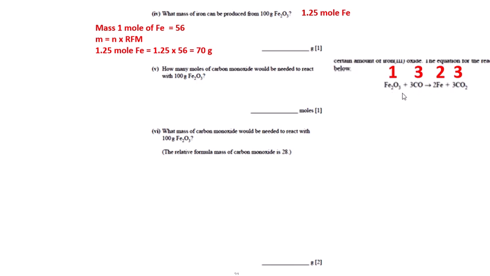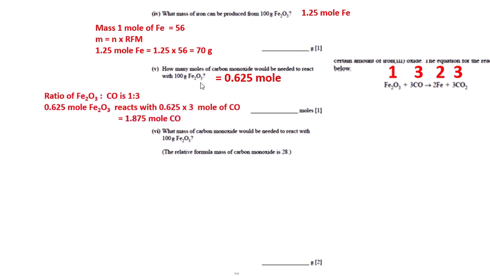You have that at the top of the page, I put it onto this slide. So this time we're looking at this. We know our number of moles of Fe2O3. This time what we're going to try and find out is how much of this is needed. So 0.625 mole of Fe2O3, we'd worked that out earlier in the question. We know the ratio is 1 to 3.